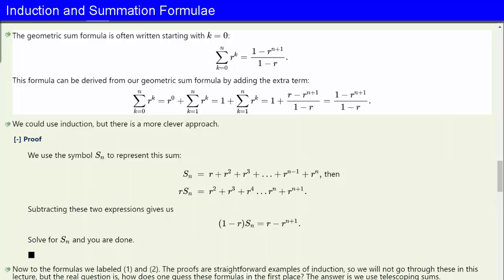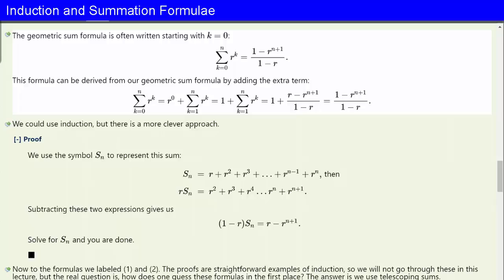The sum from k equals 0 to n of r to the k is the ratio 1 minus r to the n plus 1 over 1 minus r. This formula can be derived from our geometric sum formula by adding the extra term r to the 0th. So for example, you start with the sum k equals 0 to n of r to the k, and you write that as r to the 0, the first term, plus the rest of it, summation k equal 1 to n of r to the k.